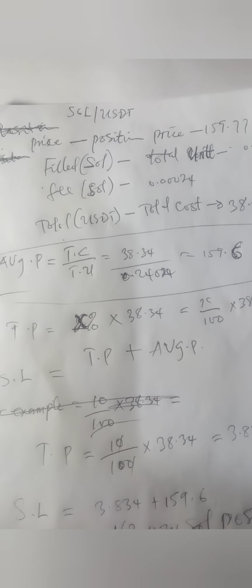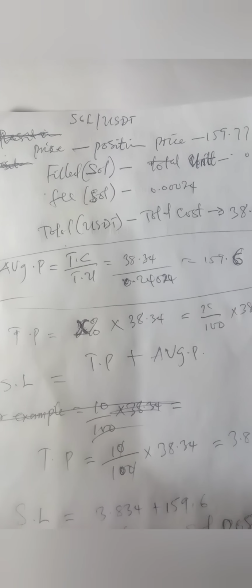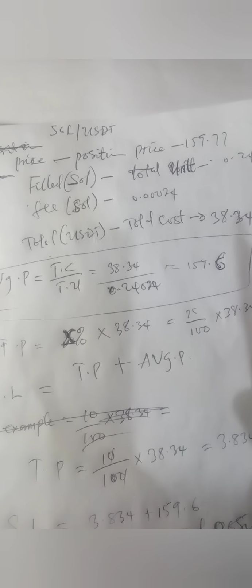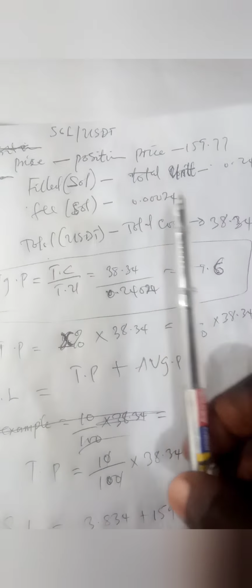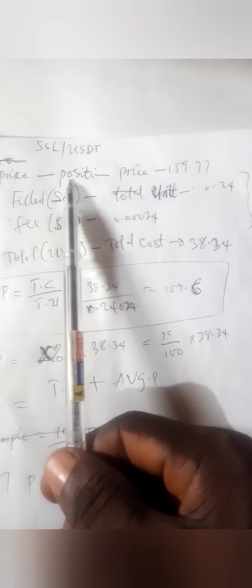Okay. Now from the SOL that we talked about last part of it, from the figure that we extracted from the trade history, you can see the position price here as I gave it to be 159.77, and I told you that was the price at which SOL was at then, and it was a position price.